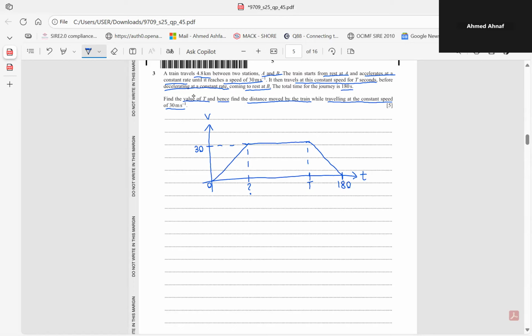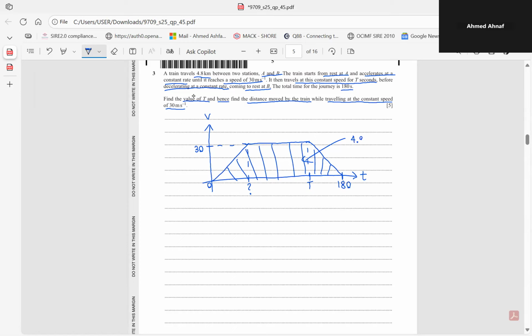So now we're going to make use of this information, the distance between the two stations, 4.8 kilometers. You have to know the area under the velocity time graph always represents the distance traveled.